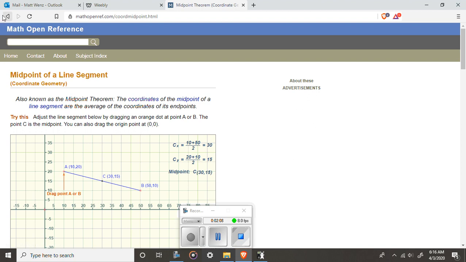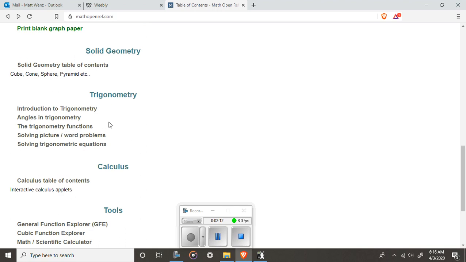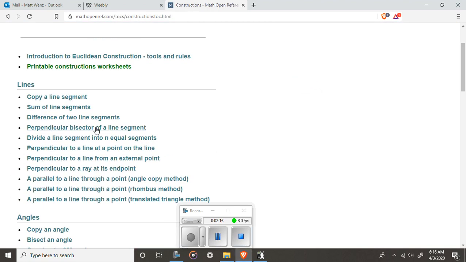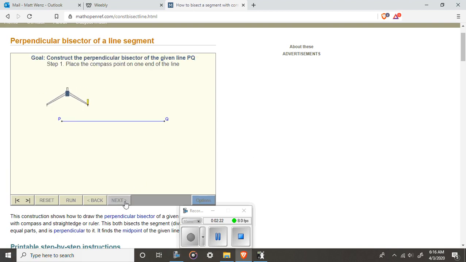No, let's pick one. Constructions, I'm sorry, this one: perpendicular bisector. If we wanted to create a perpendicular bisector, we can have it do step-by-step instructions, okay? And that will help a lot of us, because that's going to be a major challenge to do online.